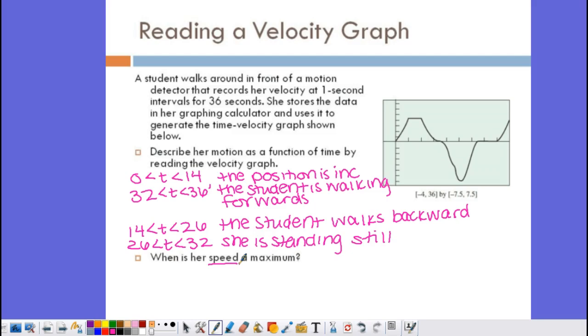The absolute values. Exactly. Absolute value of velocity is speed. So we kind of have to imagine this being flipped up here, and this would be the highest point above, even though it's the lowest point below. So because speed is the absolute value of velocity, her speed's going to be a maximum at that 21 seconds.